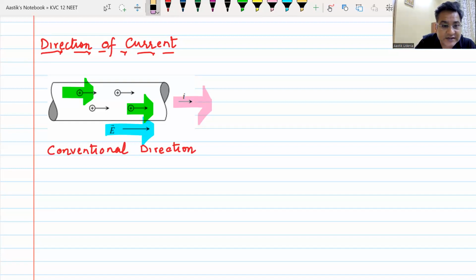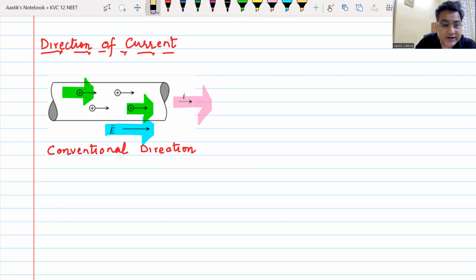Do we understand this? Yes, sir. Whenever anyone is talking about the direction of flow of current, he is talking about the direction of flow of positive charges. Okay, so that is the conventional direction of current.